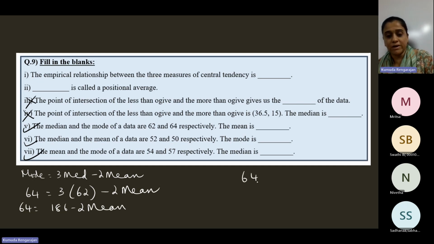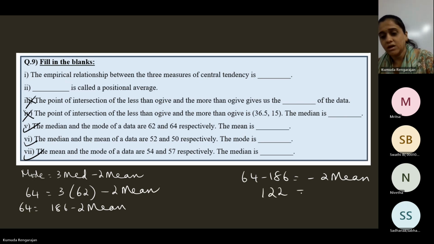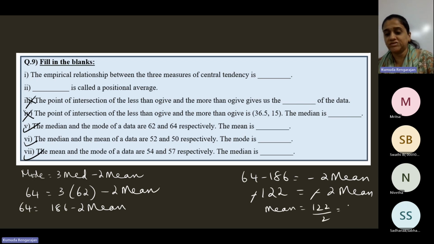So 64 minus 186 is equal to minus 2 mean. So when you subtract, you get minus 122 equals minus 2 mean. Minus gets cancelled. So mean is equal to 122 by 2, which is 61.